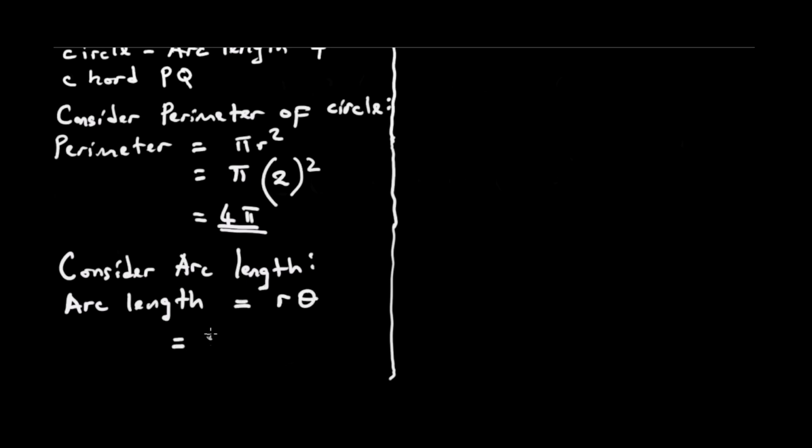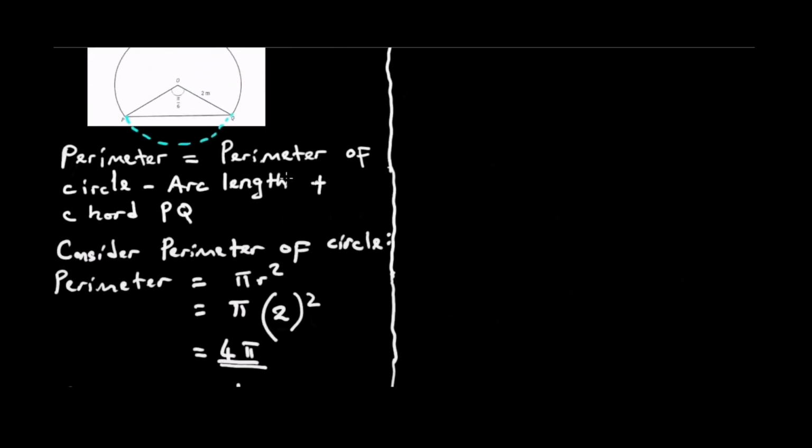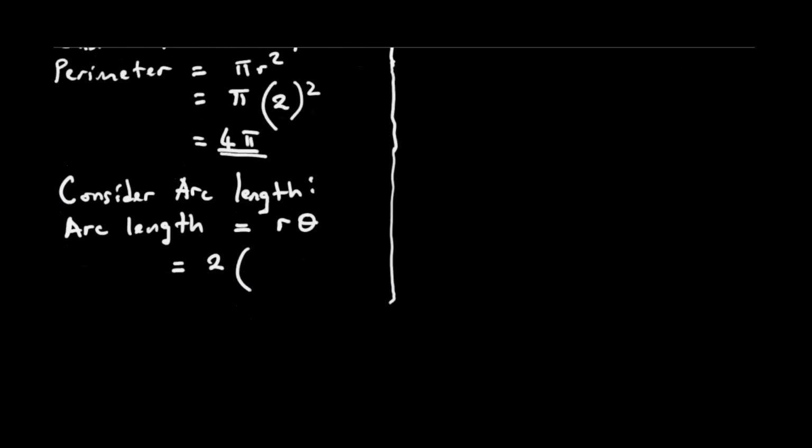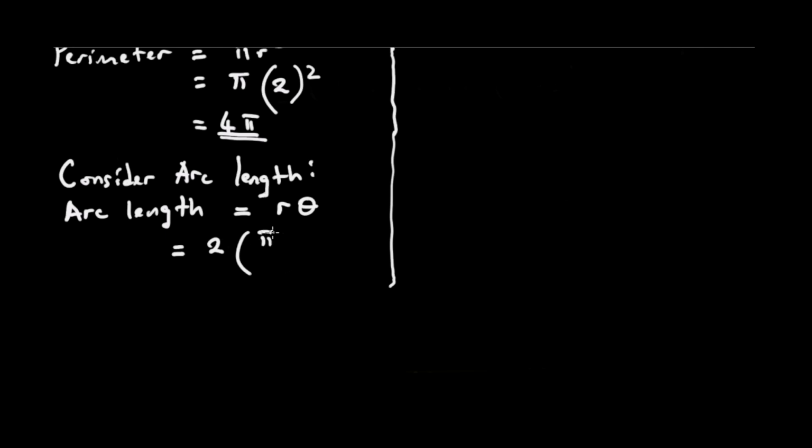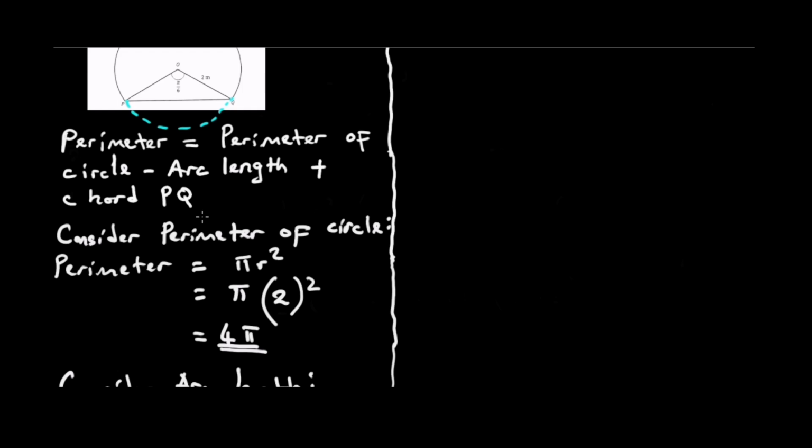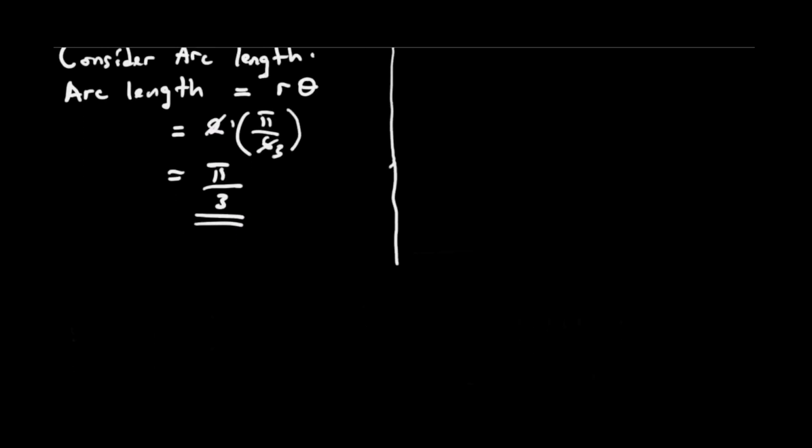Our r is 2, that's our radius. What is our theta? Our theta is pi over 6. So it's 2 multiplying pi over 6. 2 into 2 is 1, 1 into 6 is 3, meaning our arc length is pi over 3. That's it.